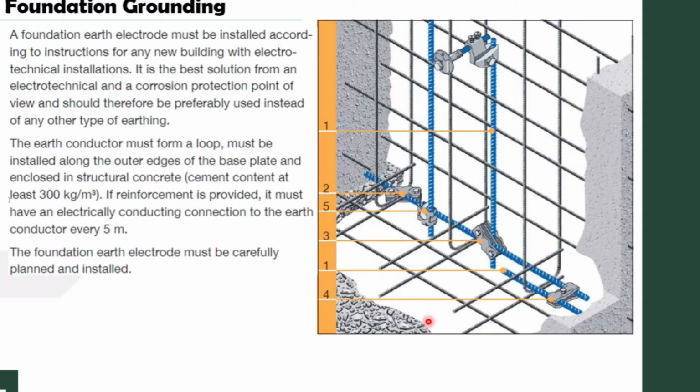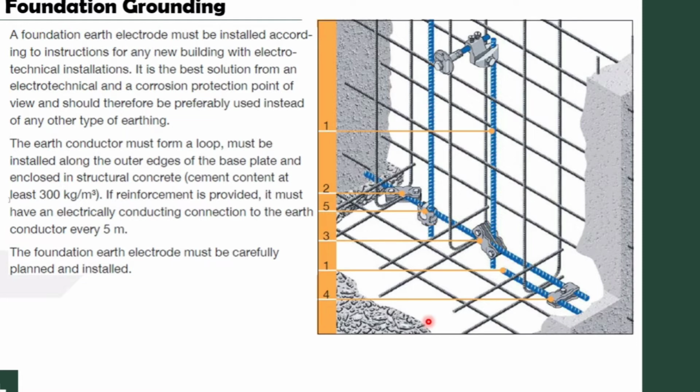The earth conductors form a loop and must be installed along the outer edge of the base plate and enclosed in structural concrete, at least 30 kg per meter. And if reinforcement is provided, it must have an electrically conducting connection to the earth conductor every 5 meters.